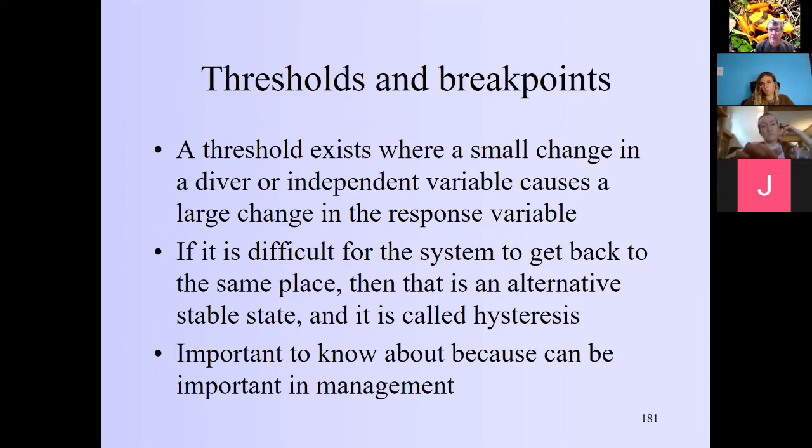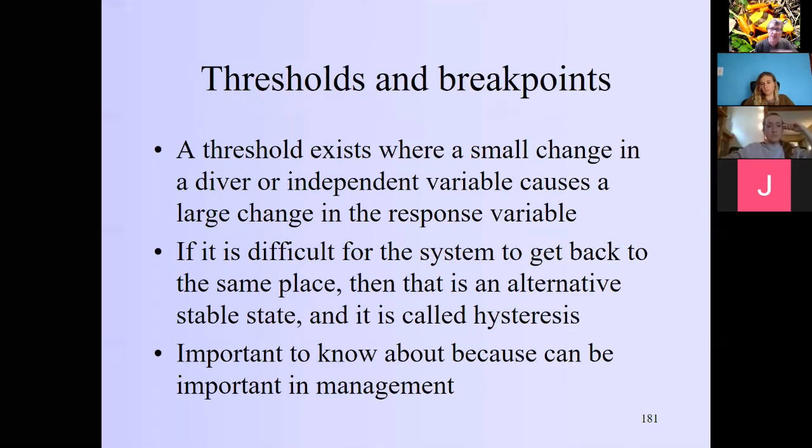And I should define two more terms here, which we've already talked about a little bit, resilience and resistance. So systems can either resist change, resistance, or they can change a lot, but then pop back to where they were. So they can be quite resilient.